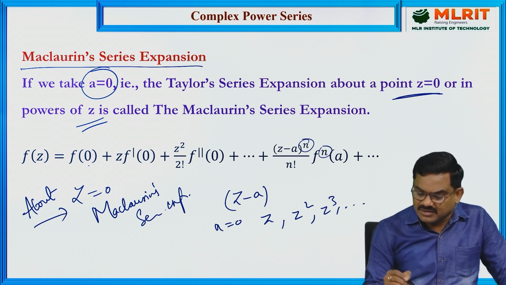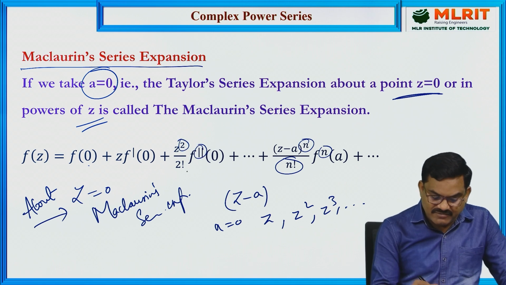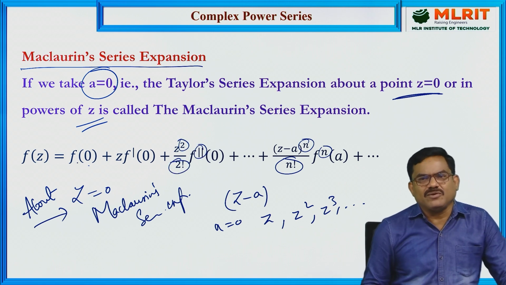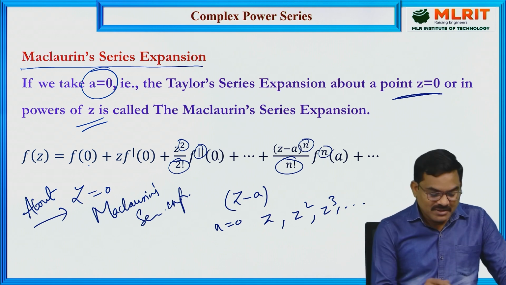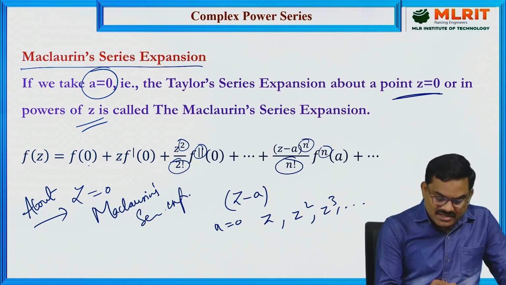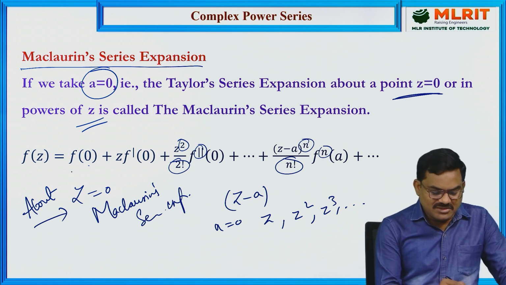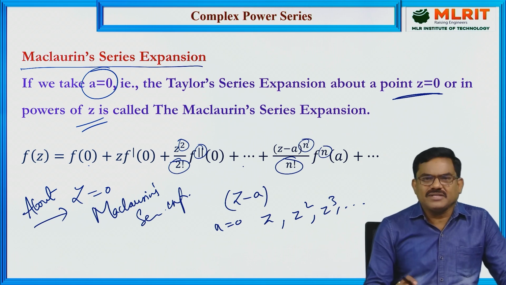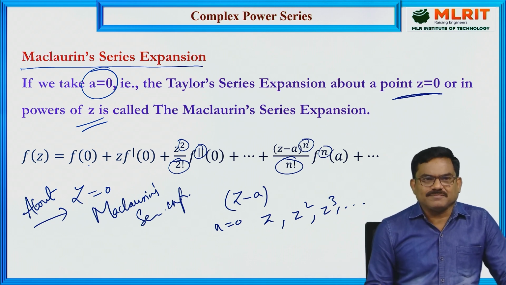Power n, nth derivative, n factorial. Z square, second derivative, 2 factorial. And it starts with the constant f of 0. Next term f dash 0, next f double dash and so on. Here z power 0, z power 1, z square, z cube and so on. Denominator 0 factorial, 1 factorial, 2 factorial and so on. So if you identify the format, no need to learn the formula or this expansion by heart.